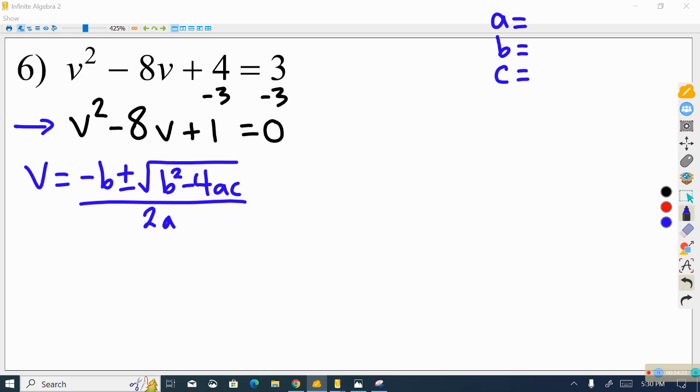So in this case, a is equal to 1, b is equal to negative 8, and c is equal to 1, not 4. So now the c is equal to 1. We put some blank parentheses.